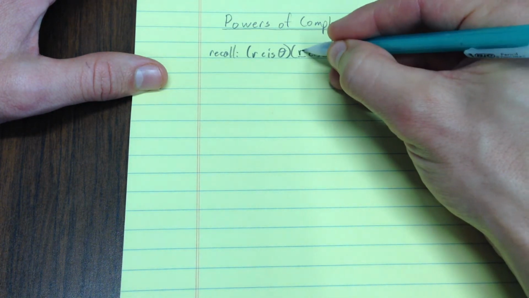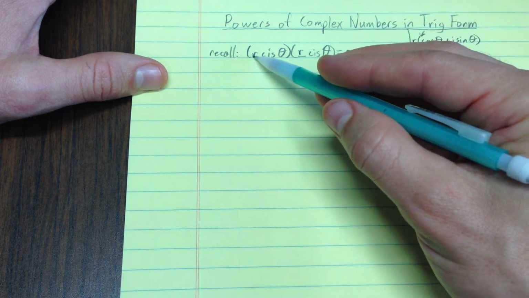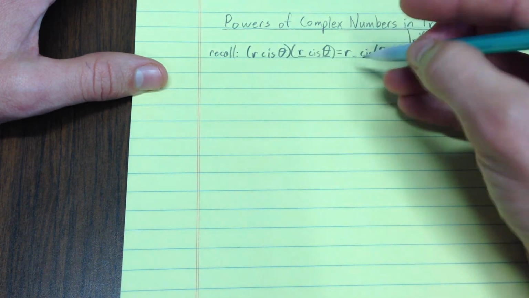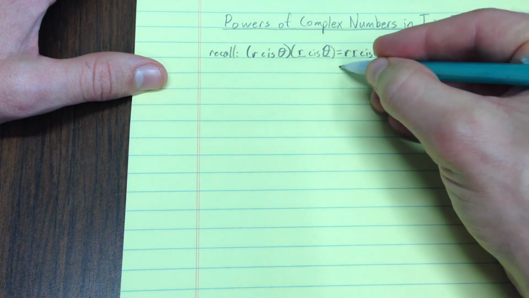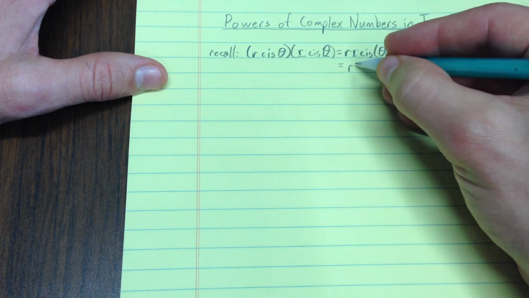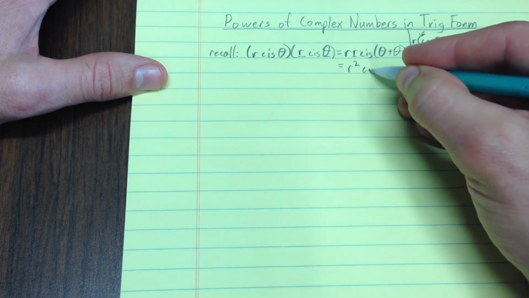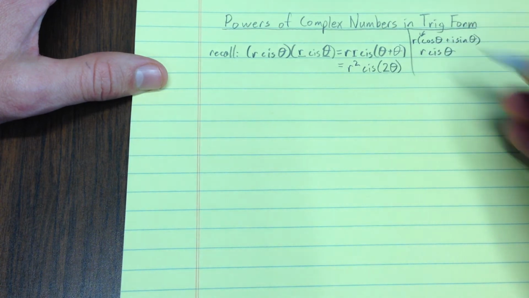Well, what happens if this is r cis theta again? In other words, that's r cis theta squared. Well, this is r times r, and this is theta plus theta. So see that squaring r cis theta gives us r squared cis, not theta squared, but 2 theta.